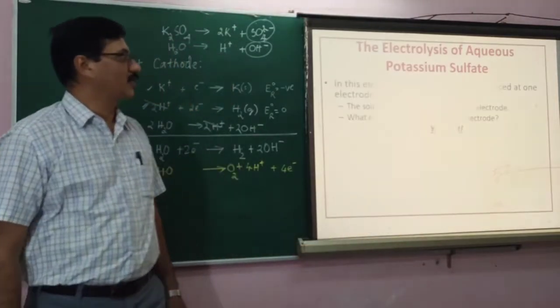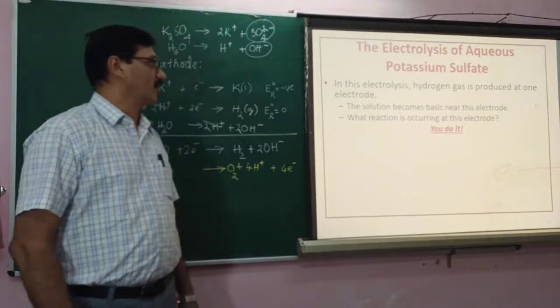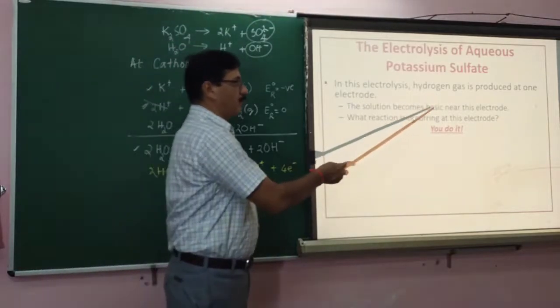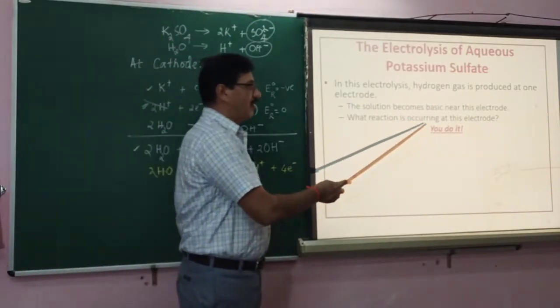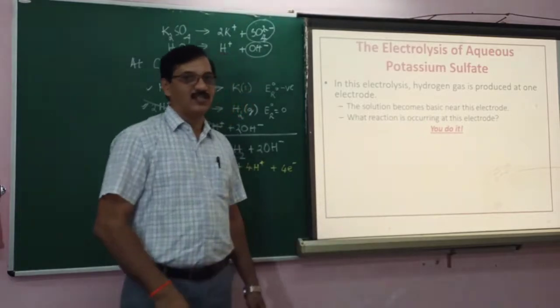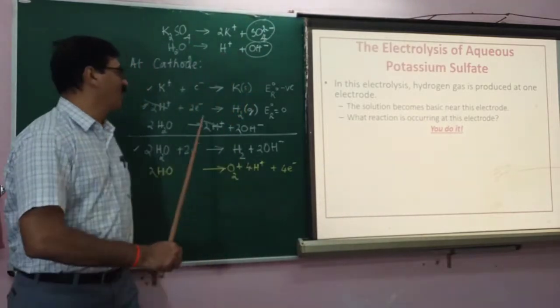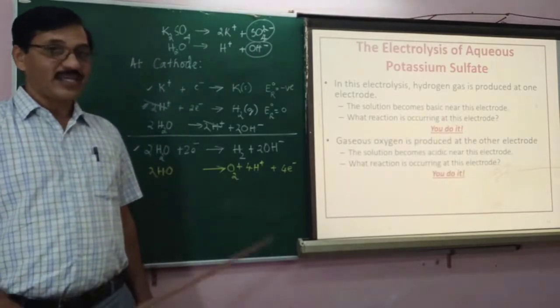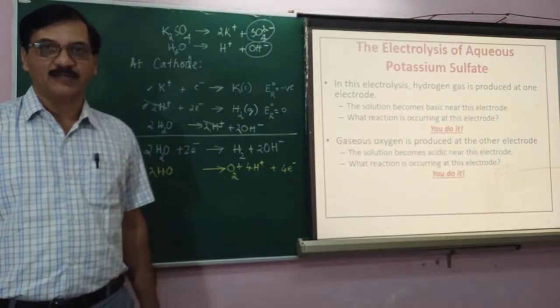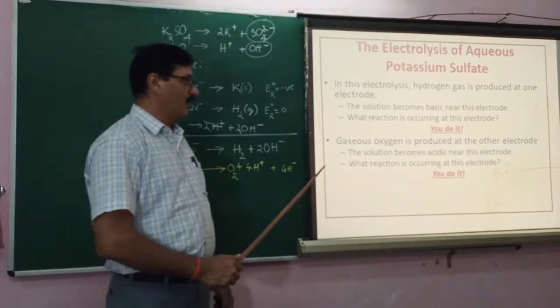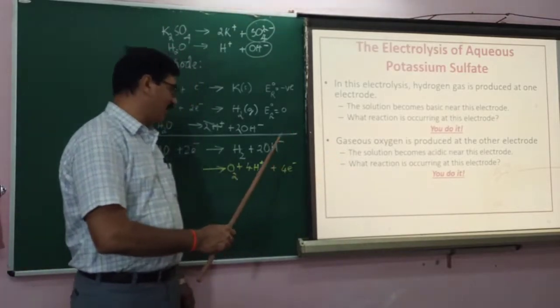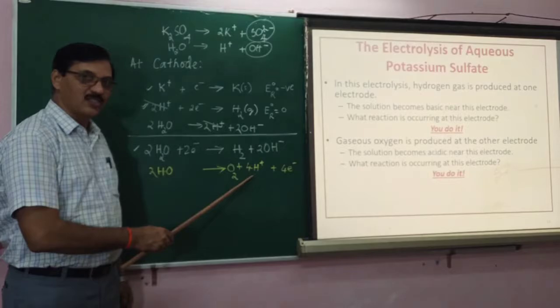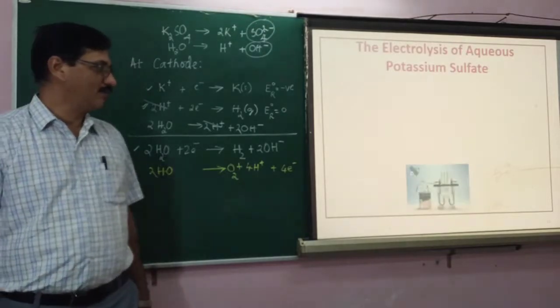Let us see these reactions also. So the solution becomes basic near the cathode, and what is the cell reaction? Will you try? What is the cell reaction? Already I have written most of that, and gaseous oxygen is formed at the anode and the solution becomes acidic. This is acidic because of the formation of H plus ion here, right?